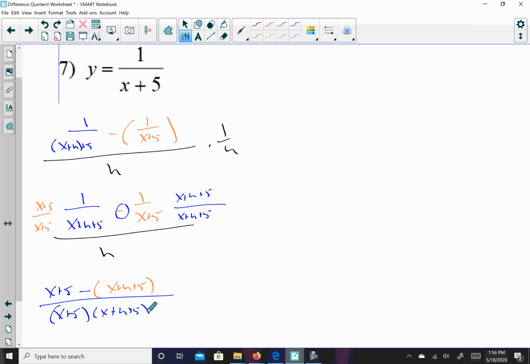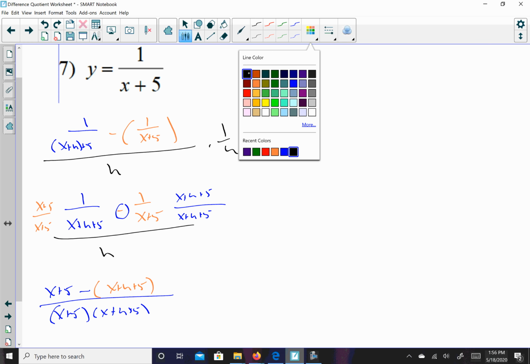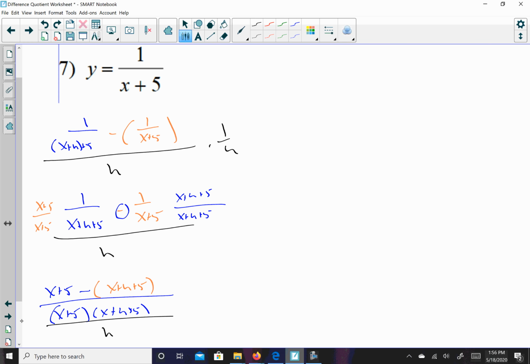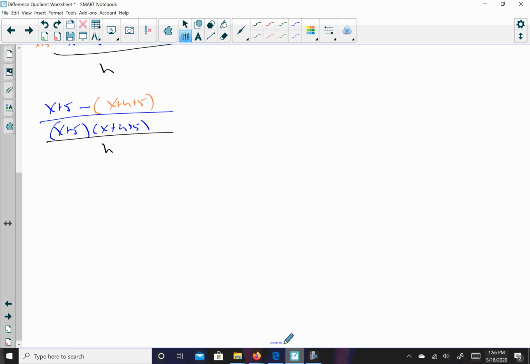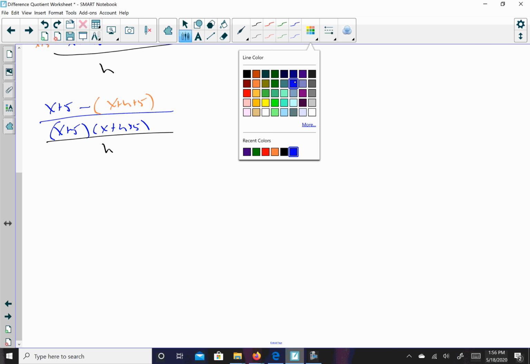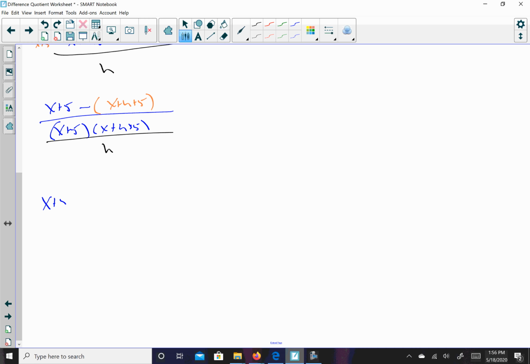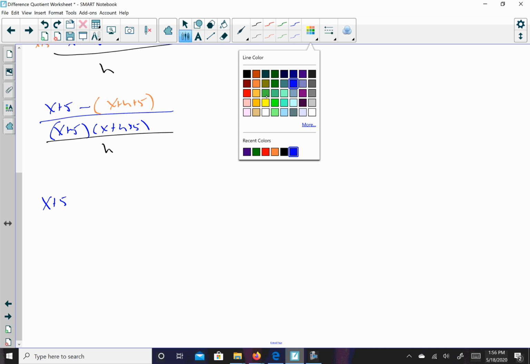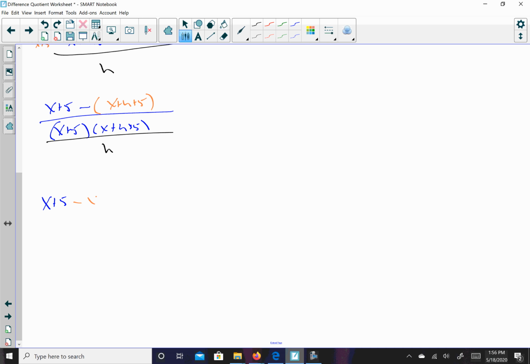Doesn't matter the order that you write them. And this is all over h. So I'm going to have x plus 5 minus x minus h minus 5. And this is all over my denominator, which is x plus 5, x plus h plus 5.